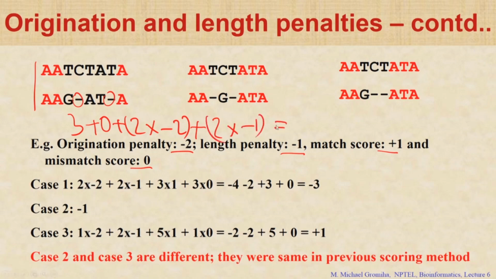So this will be 3 minus 4 minus 2, that is minus 6, so 3 minus 6 is equal to minus 3, all right. Now we take the second one. What is the score here?